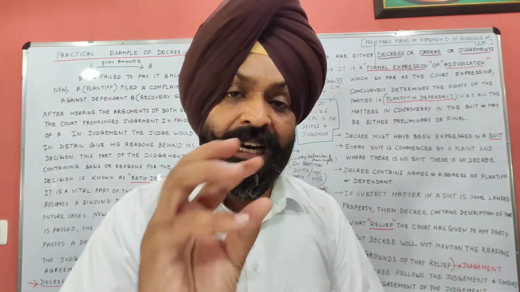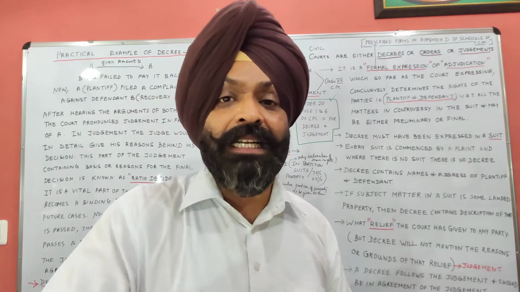Then the judge makes a statement which finally decides the dispute between the parties. So finally the rights and the liabilities and even the remedies are decided by the judge or the court in a judgment. And of course, the grounds and reasons for reaching that point. Why the court reaches that decision is the reason and the grounds of that decision.